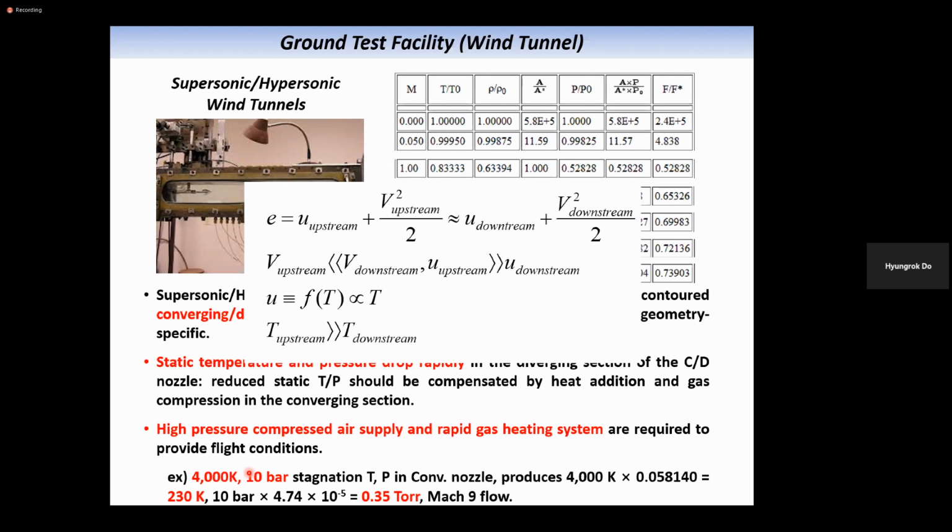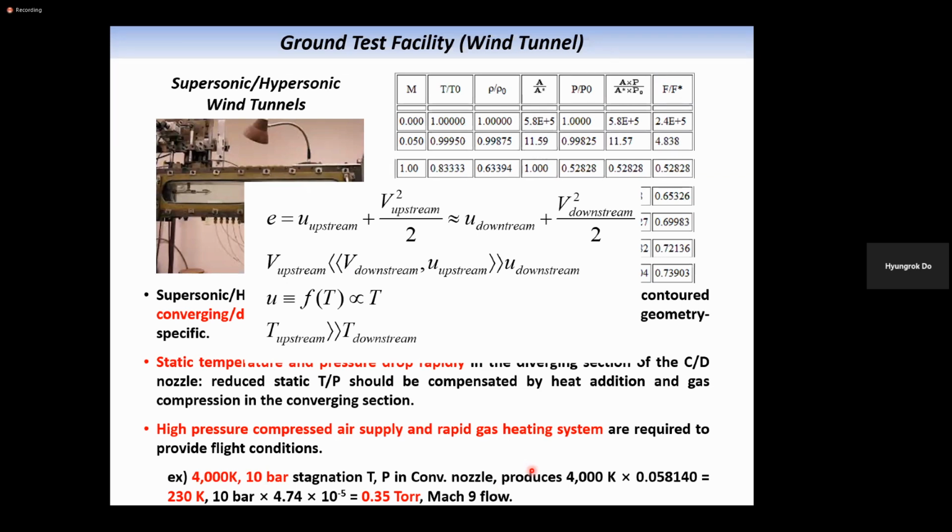Maybe not. Even the tungsten melting point is lower than 4000 Kelvin. So physically, no sensors will be working for these high temperature conditions. Then what kinds of sensors can be used for Mach 9 flows? Mach 9 flow is so fast, it is moving like several kilometers per second.